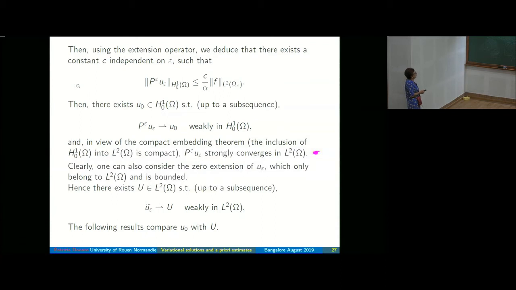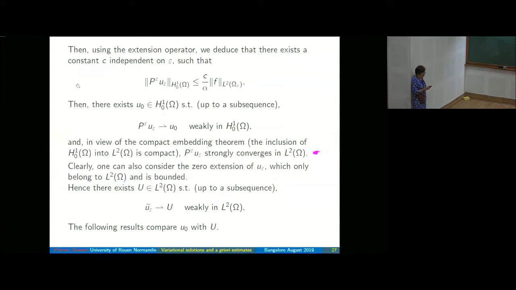Here, epsilon should be removed. Then there exists u0 in H10 such that, up to a subsequence, as before, P epsilon u epsilon weakly converges to u0 and strongly in L2. Okay, so we have now all the convergences as before.